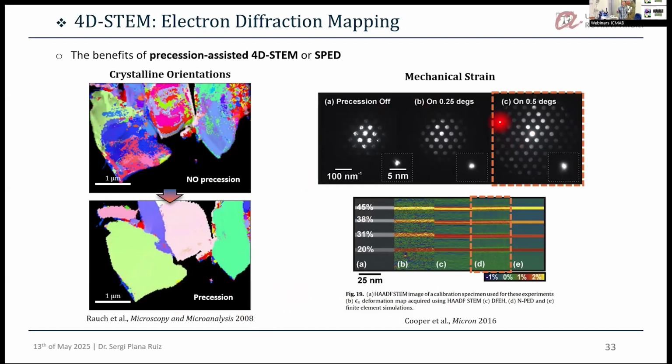But also for strain maps, since we have these disks, the intensity inside the disk tends to be not uniform because we have multiple scattering events that make this kind of lines. But by using precession, we can have a more uniform intensity inside the disks. And this is key in order to identify the relative positions of the reflections that allow us to calculate these strain maps.